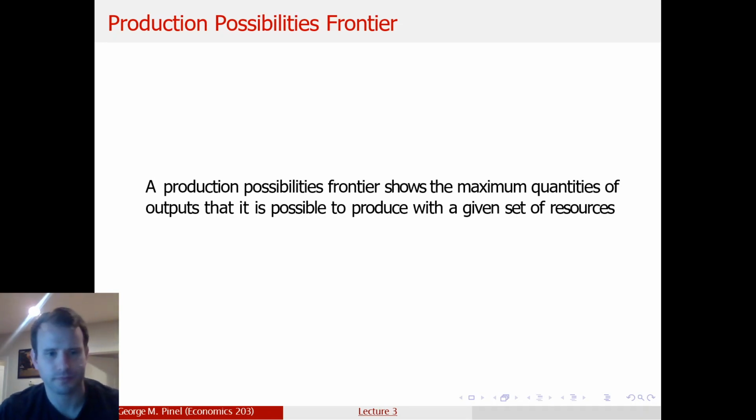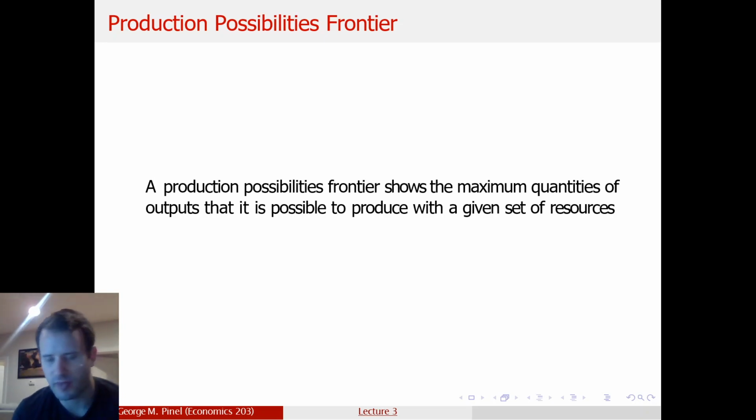aluminum. How do I use that to make Coke cans versus Pepsi cans? Or I have a given amount of time. How do I use that to make lectures versus servicing nonprofits?